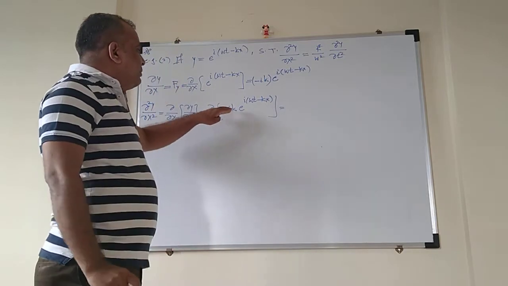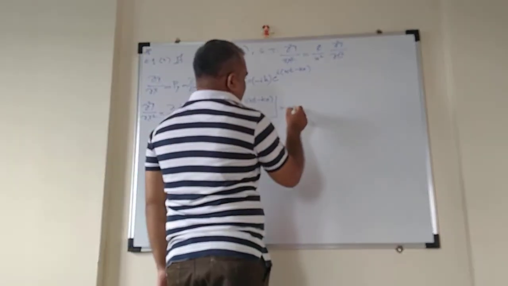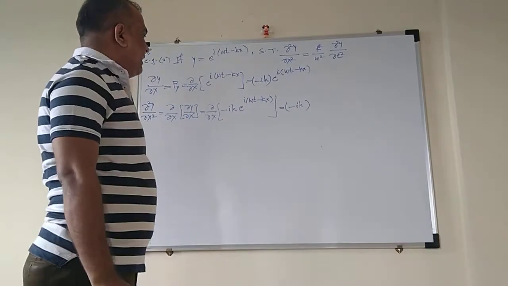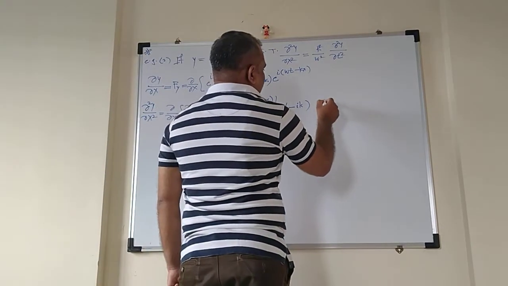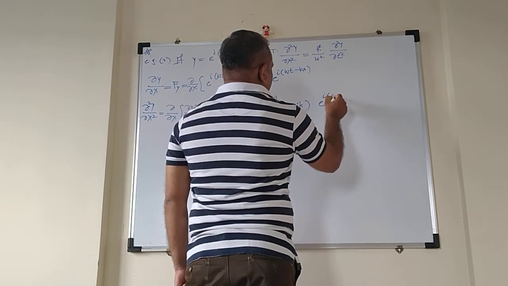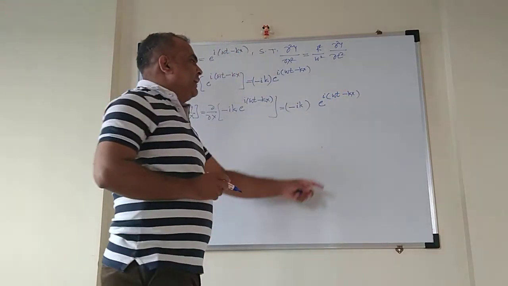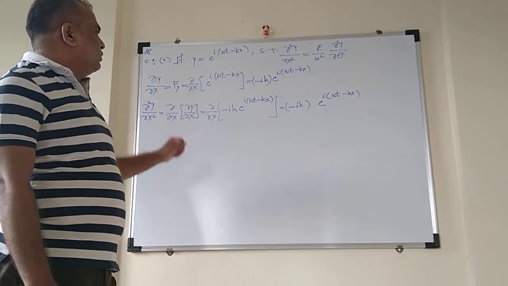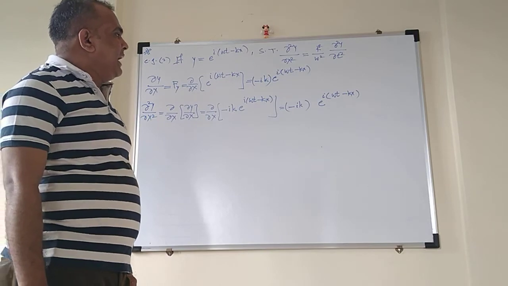Now this minus i k is a constant term, so I write it outside, and the differentiation of the exponent will give e raised to i(omega t minus kx) as it is, into again minus i k.